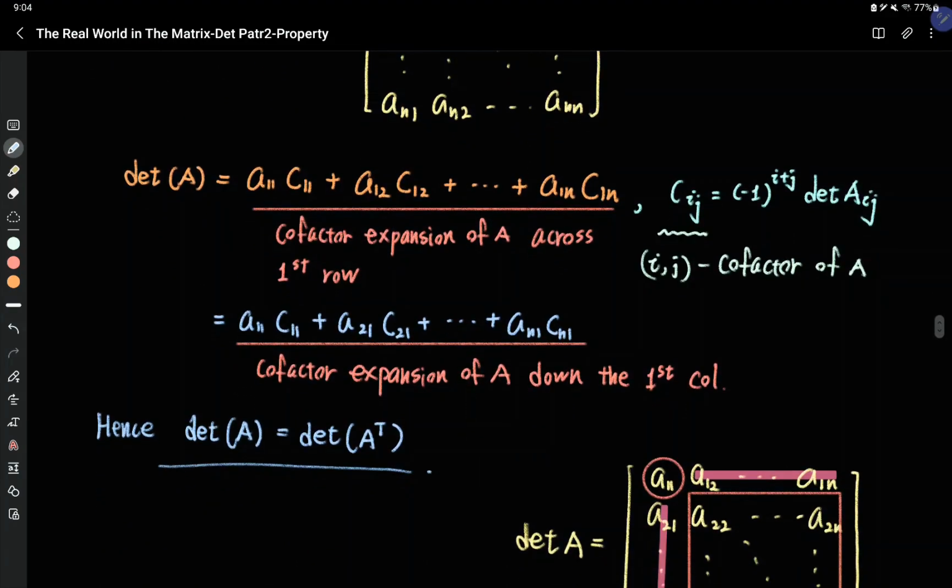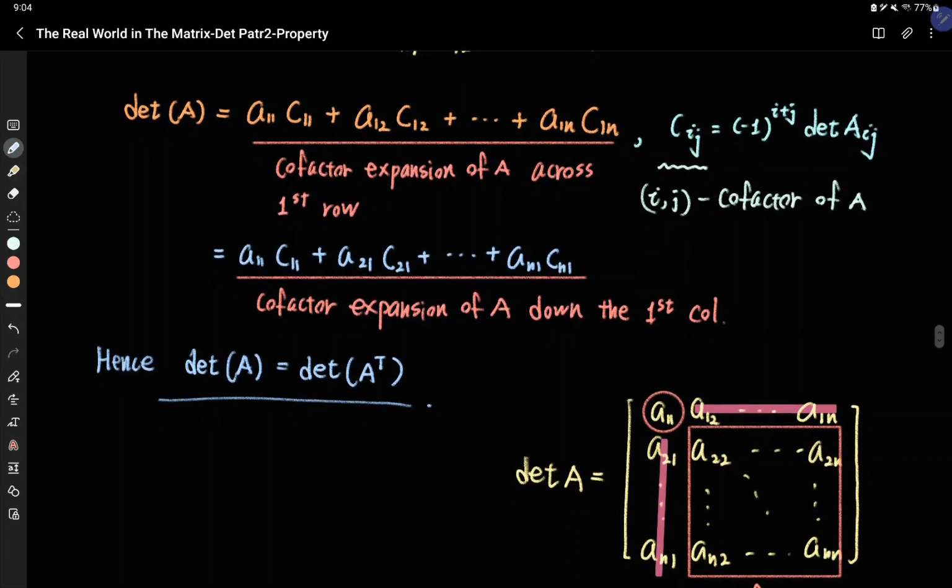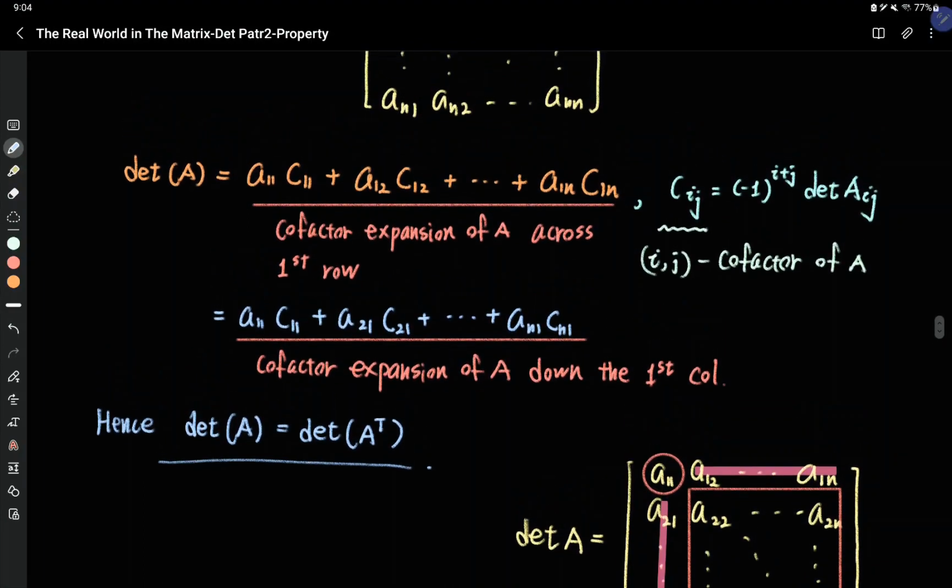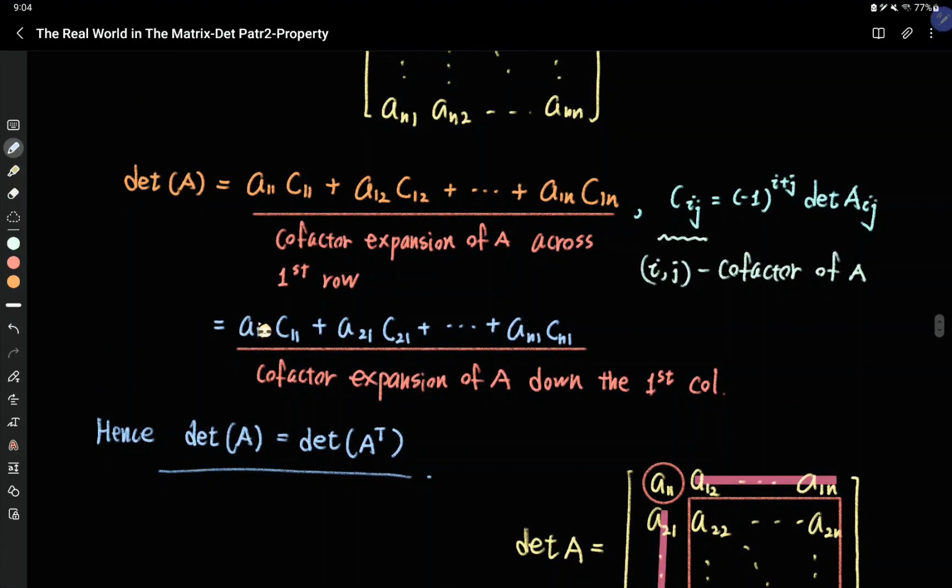And this can be considered as the determinant of A transpose, which is also equal to the cofactor expansion of A transpose across the first row.